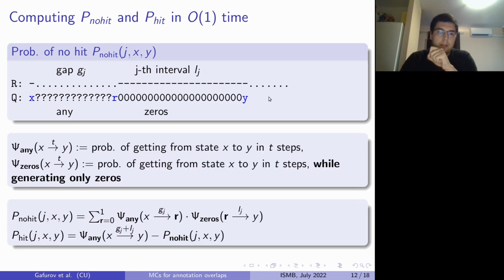If we define psi any as the probability of getting from one state to another while generating whatever we want, and psi zeros as the probability of getting from one state to another in a certain number of steps but generating only zeros, then we are able to write down our probability of not hitting the interval as a product of those two values. So our task now is to compute those psi any, those probabilities of generating exactly t states starting from x going to y, in constant time.